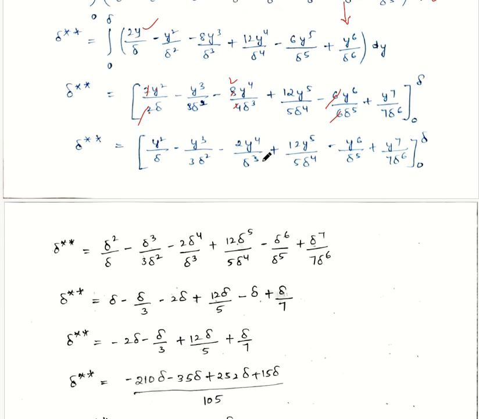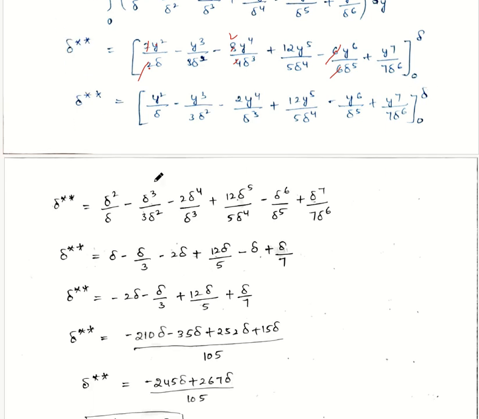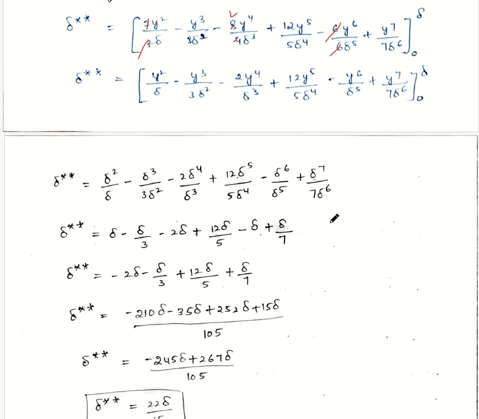Now what we will do is substitute the upper limit and lower limit. When you put the lower limit 0, the entire term becomes 0. The upper limit is delta. So in the place of y square, delta square by delta, minus in the place of y, delta cube by 3 delta square, minus 2 into delta power 4 by delta cube, plus 12 into delta power 5 by 5 delta power 4, minus delta power 6 by delta power 5, plus delta power 7 by 7 delta power 6.